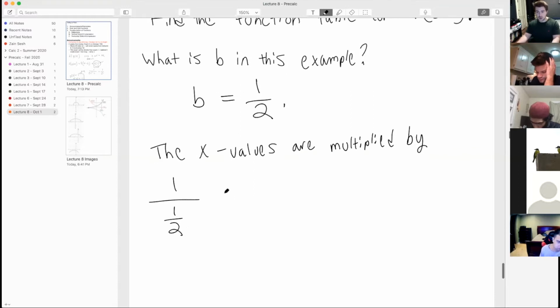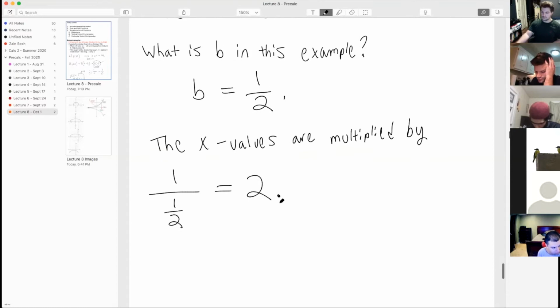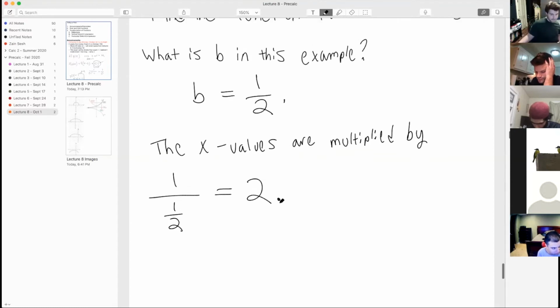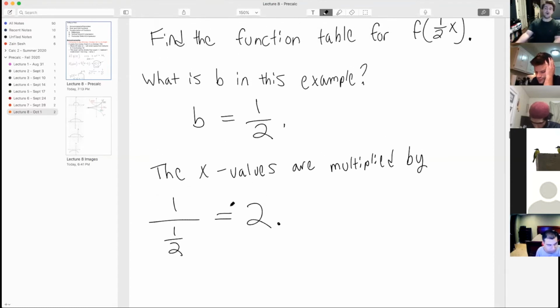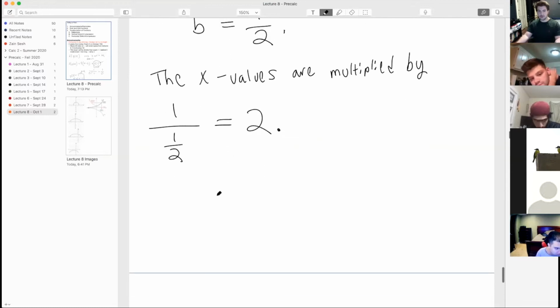And what is 1 over 1/2? That's 2. Okay? The x values are multiplied by 1 over b. b is 1/2, so 1 over 1/2 is 2.